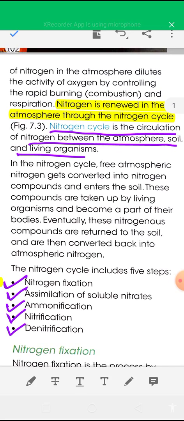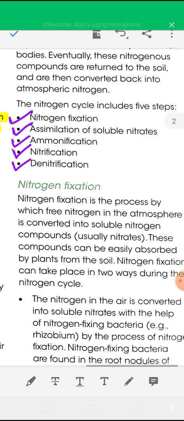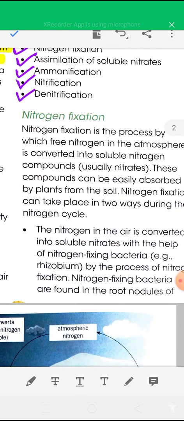What is the nitrogen cycle? It is the circulation of nitrogen between the atmosphere, soil and living organisms. So the first step of the nitrogen cycle is nitrogen fixation. What is nitrogen fixation?